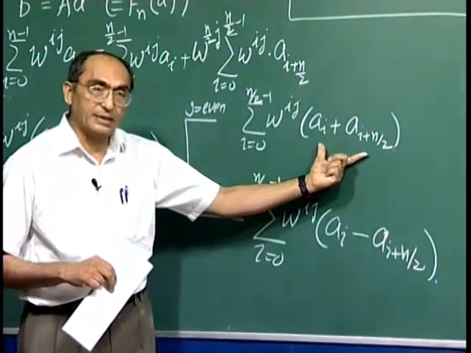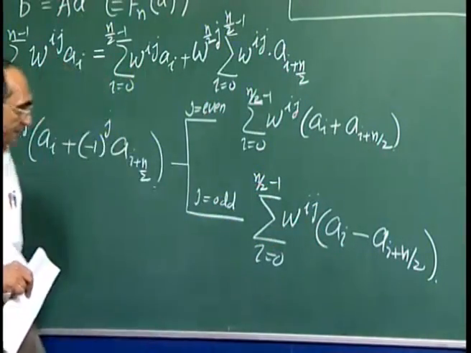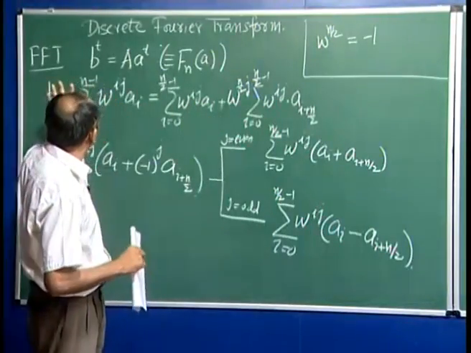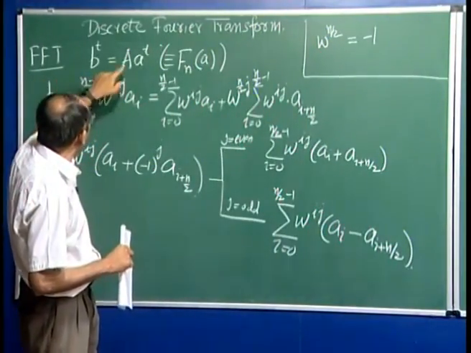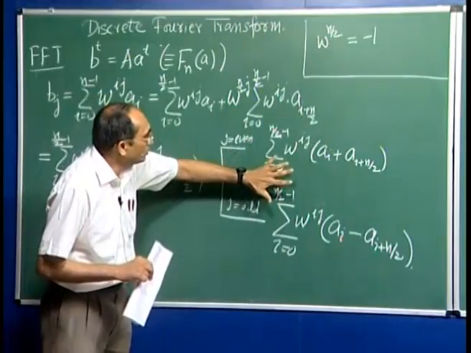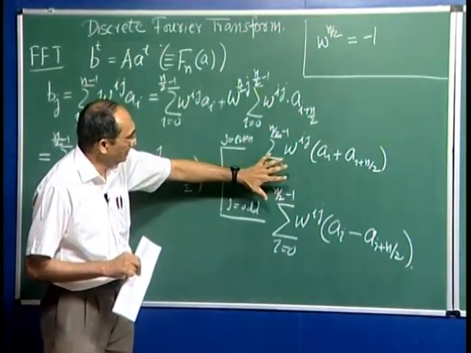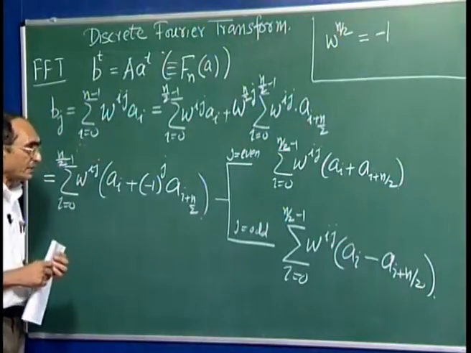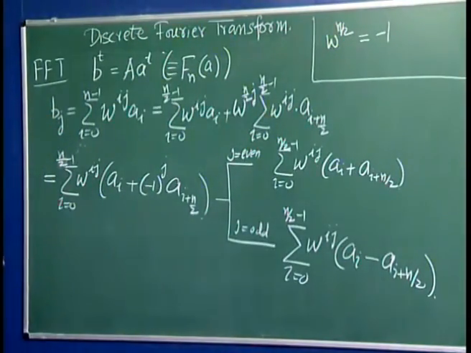Similarly, we do something here and try to reduce this task of computing the Fourier transform of an n component vector into 2 Fourier transforms of half the size, then I am going to get an efficient algorithm.